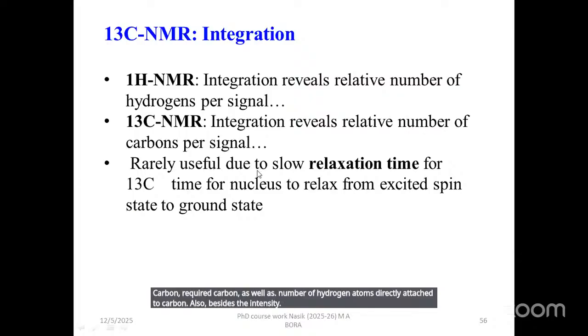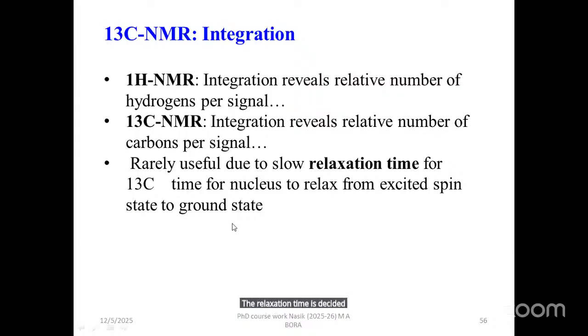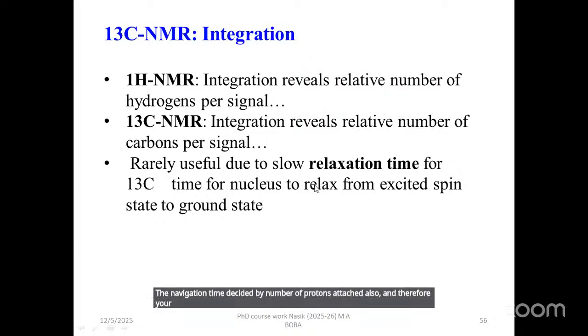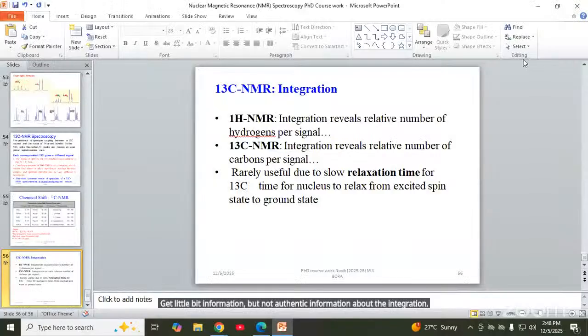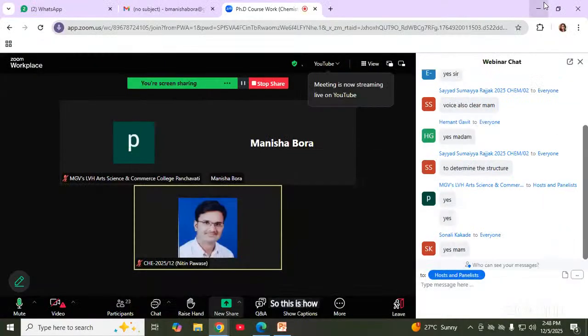The relaxation time is decided when the carbon undergoes excitation and de-excitation, and it is decided by the number of protons attached also. Therefore, here integration does not give information about the equivalent carbon atoms. We might get a little bit of information but not authentic information. So this is how the difference between H1 NMR and CMR will be seen.